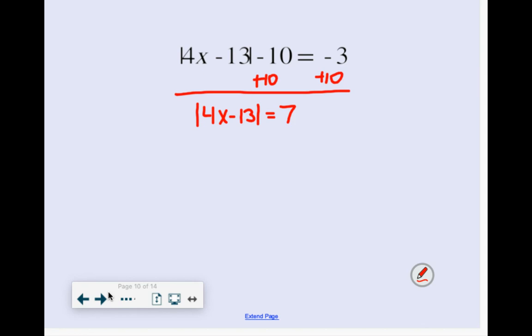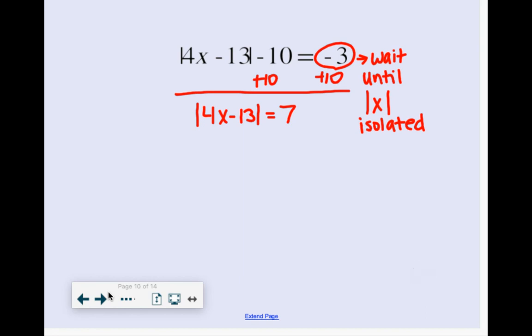So this is okay because we need to wait until the absolute value is isolated. And then I'll go ahead and finish solving this one.